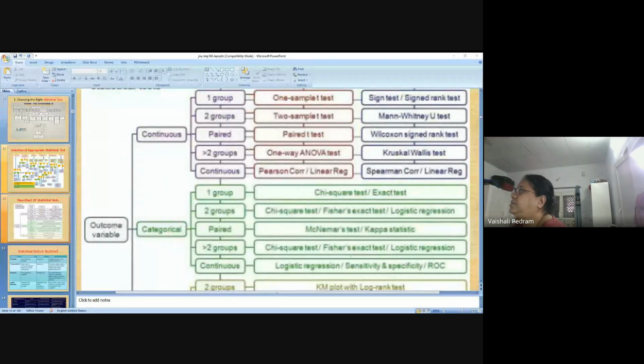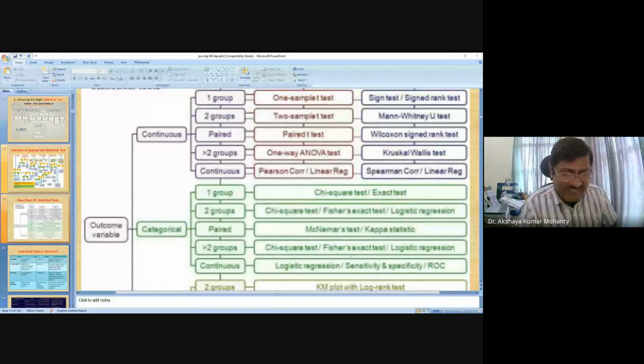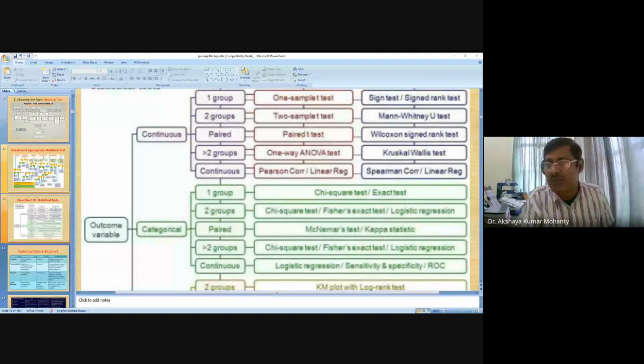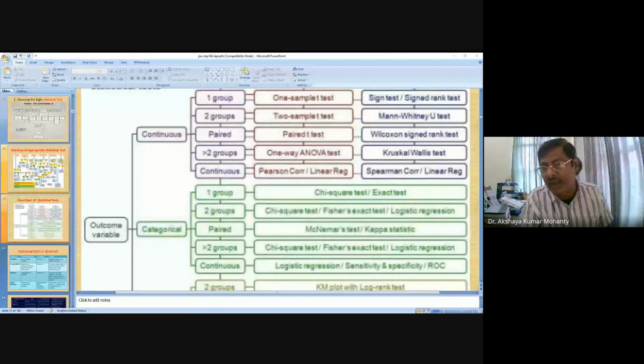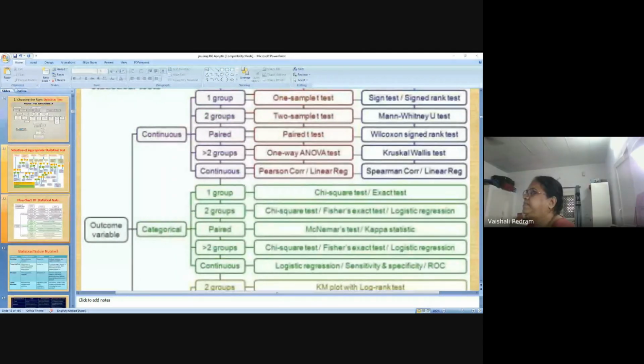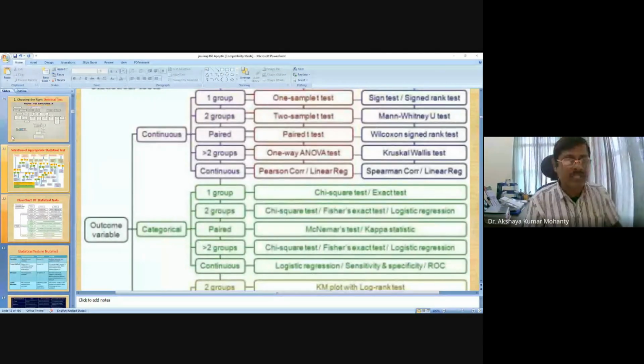So absolutely right. That means you got my point. After the Spearman's correlation, then we are fitting the linear regression. So that's why it will be non-parametric in nature and normality of data will not be approached. Thank you very much.